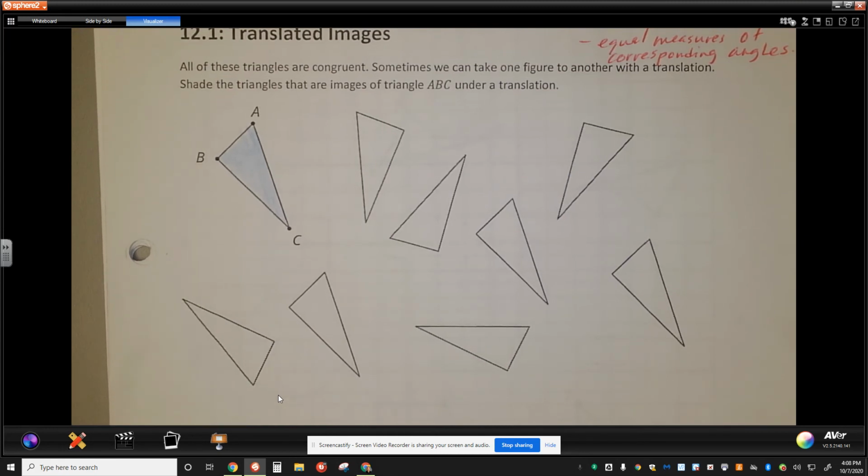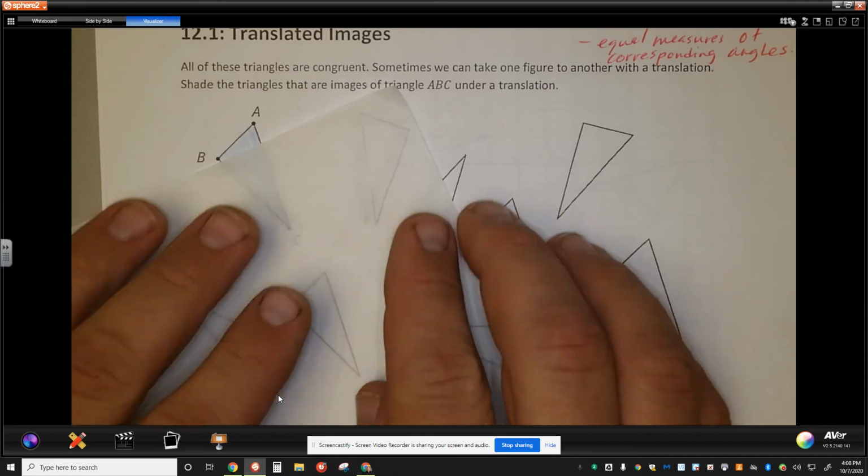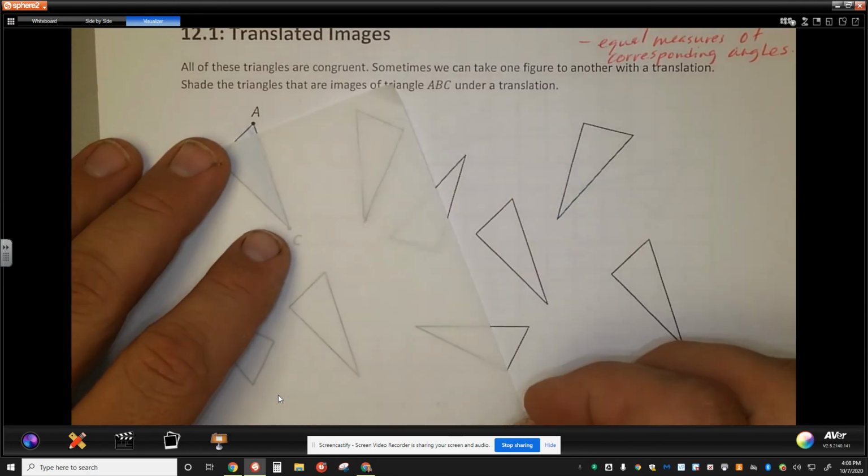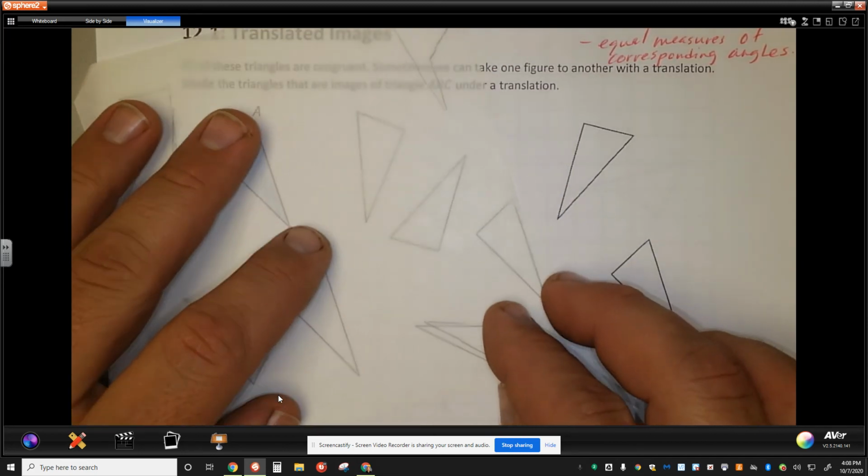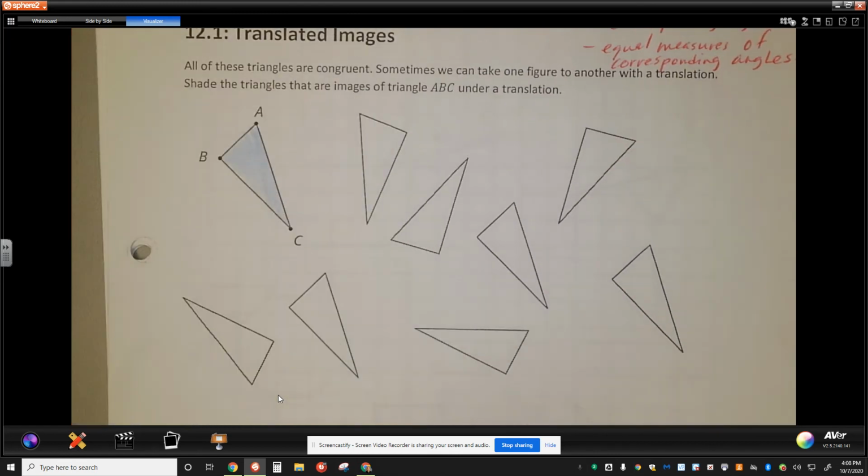So that means we're only looking for triangles that look just like A, B, and C. Now I will tell you all these triangles here are equal to the one that's been given, but many of them have been reflected and rotated and translated across the plane. It's our job to be looking through here and deciding which ones work for this.